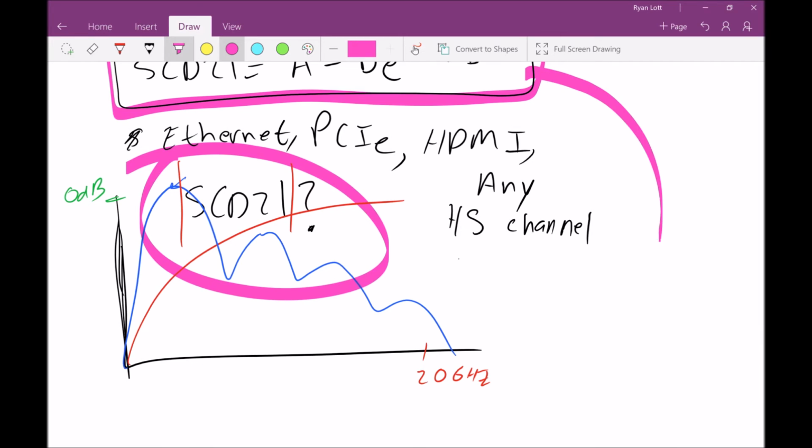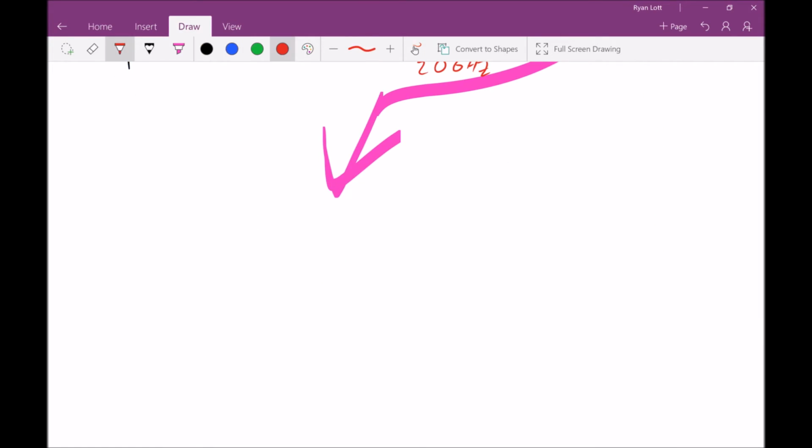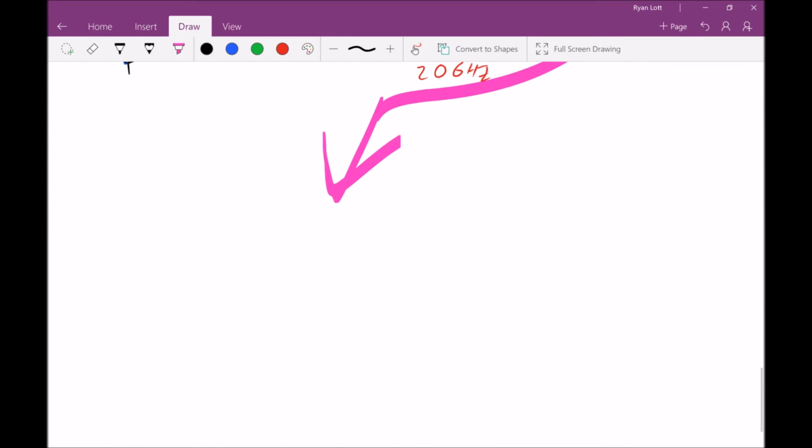So we're going to bring this down here, and we're going to continue further with this investigation. Because there is a real part A and a complex part B, if you sit down and derive the formula, you can say that the magnitude of SCD21 as a function of frequency, which I will not be putting the variable argument further in the equations, I'm going to basically assume that you know that this is at each frequency point.